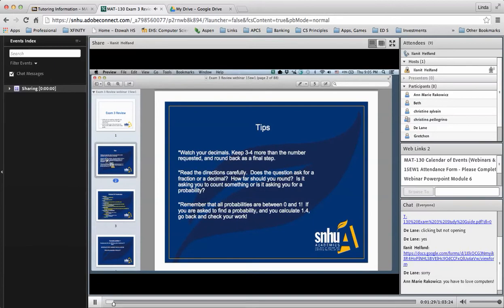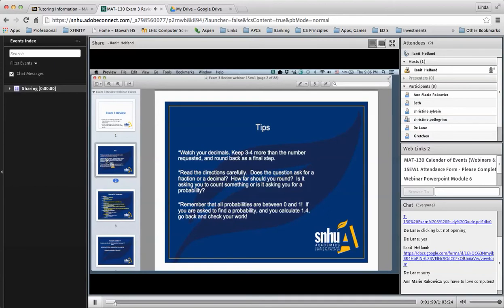I wanted to start with a couple of tips which you can use for this exam and also for other exams. The first thing is to watch your decimals. You can end up with a mistake in the final answer if you round too soon. So I like to always say keep at least 3 or 4 more decimal places than the number requested.